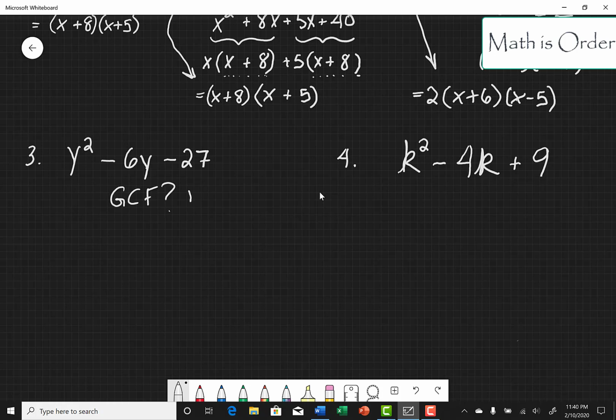In this case, no, right? And then we say, okay, can I apply the AC method? Let's try it. There are 3 terms, so I'll multiply 1 times negative 27, I get negative 27. Are there any two numbers that multiply to give negative 27 and add up to give negative 6?